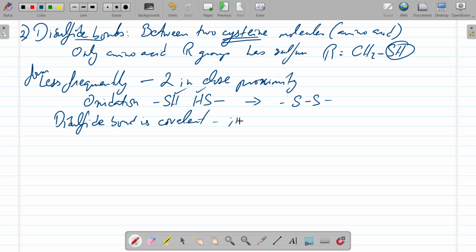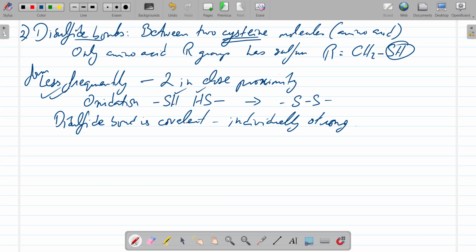So individually it's strong, much stronger than the hydrogen bonding, but the thing is that it is less frequent, right? So you only have a few of these appearing in a polypeptide chain.